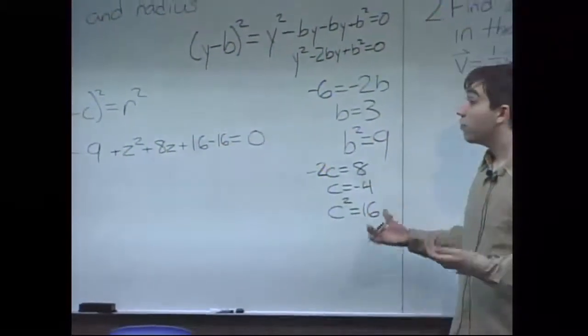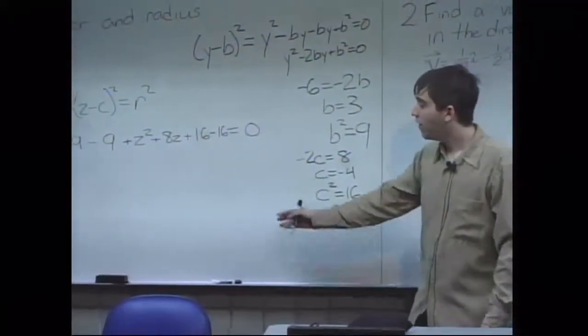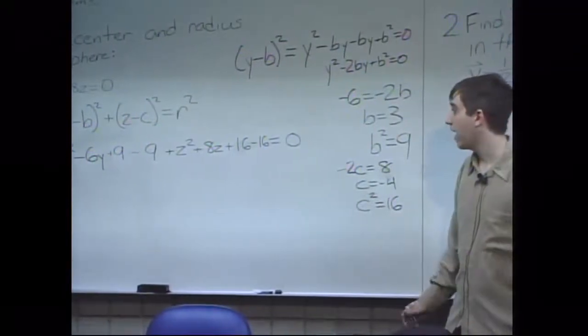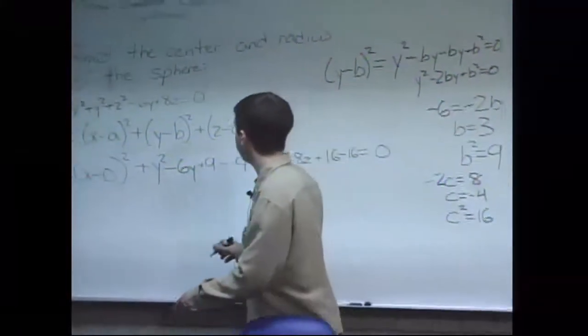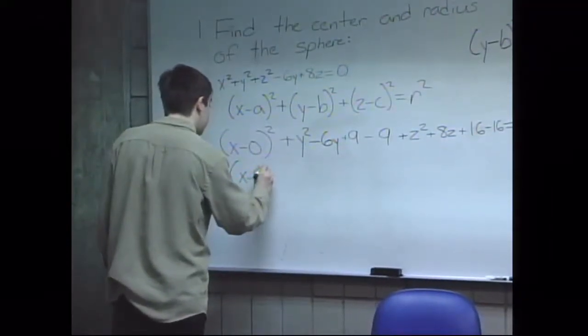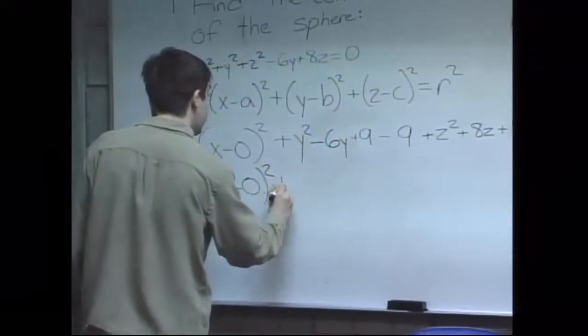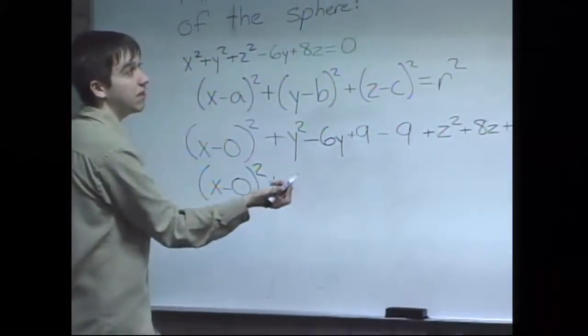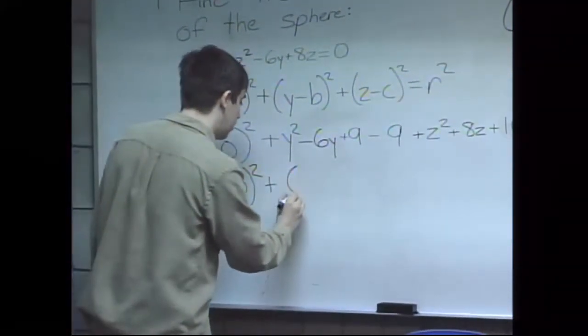OK, so these are all completely legitimate steps. All I did was add in 16 and subtract 16, which is the same thing as adding 0. So if I go ahead and regroup these terms again, now remember, this entire term is the same thing as (y - 3) squared.